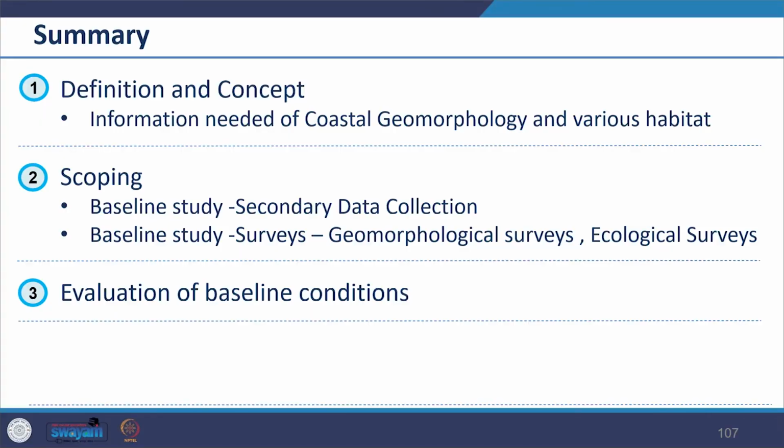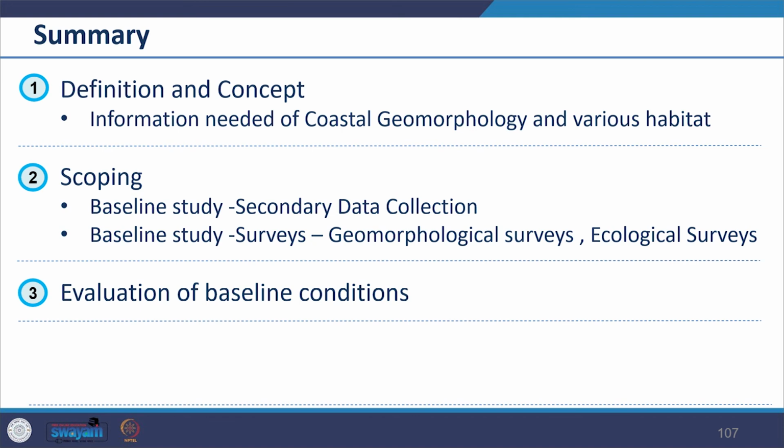Summarizing what we covered, we looked into the definitions and concepts, the range of definitions, then what kind of information is needed for coastal geomorphology, the various kinds of habitat, what you undertake in scoping, and what considerations you have to undertake when dealing with the coastal area.